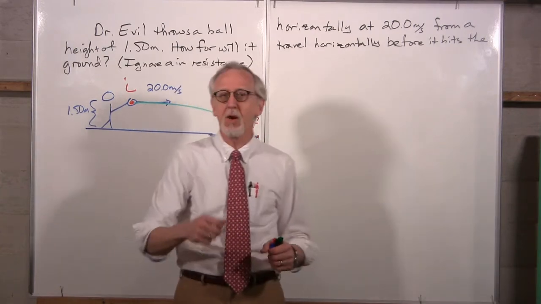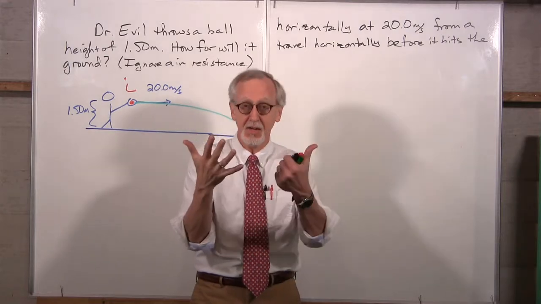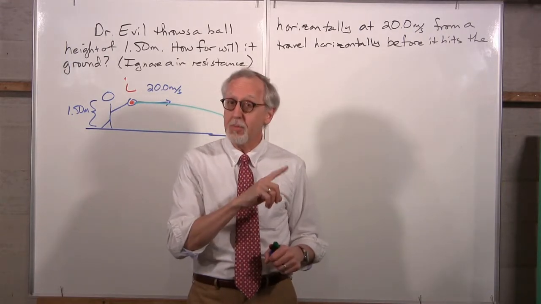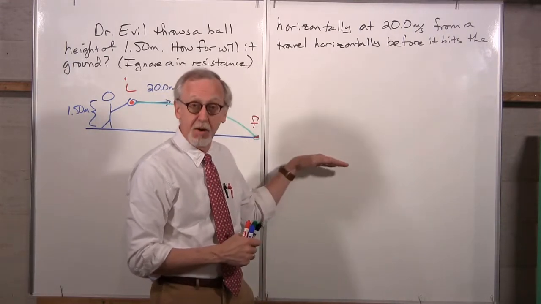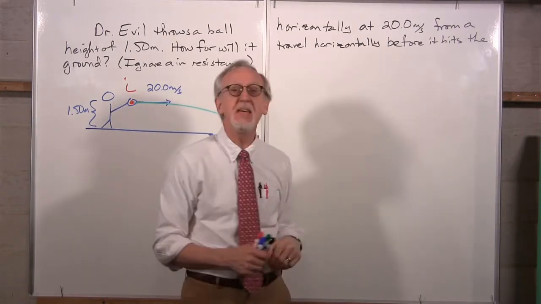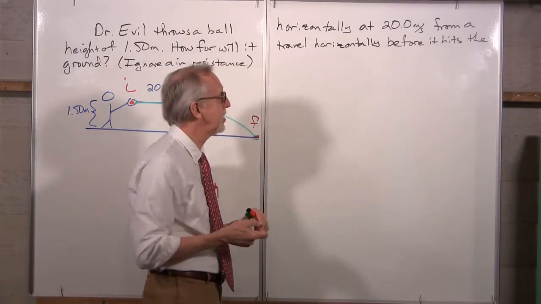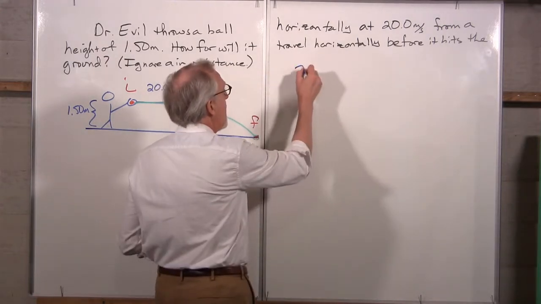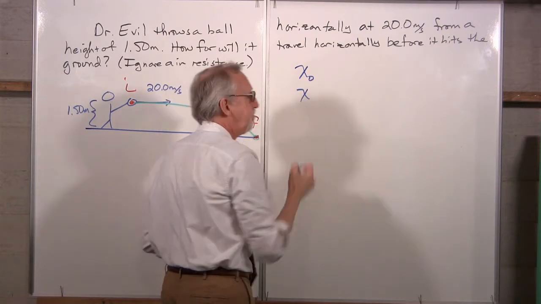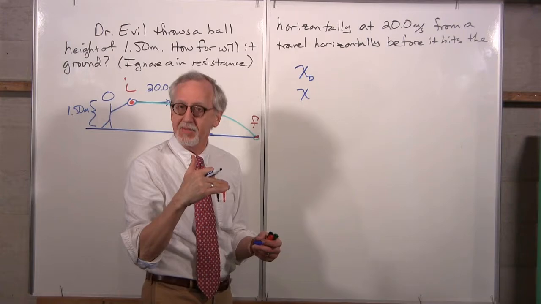With one-dimensional, what did we have? x naught, x, v naught, v, a, t. With a two-dimensional problem, we'll write down the x variables, then we'll write down the y variables, and then t at the very end. So let's write them down. So for the x motion, what are they? x naught, x. Then, not v, we have to put down the x components.